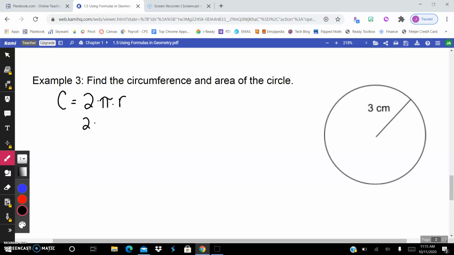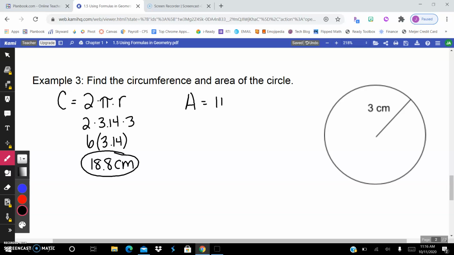So 2 times 3.14, and you're always going to use 3.14 for pi unless they tell you otherwise in the directions, and then times 3. So that would give you 6 times the 3.14, and when you multiply that out, you're going to get 18.8, and these are centimeters. And circumference is like perimeter, so it does not get an exponent.